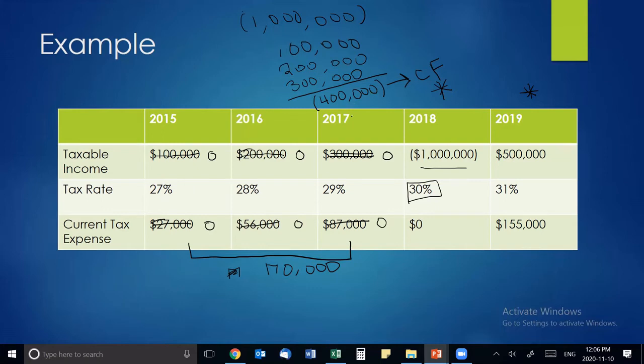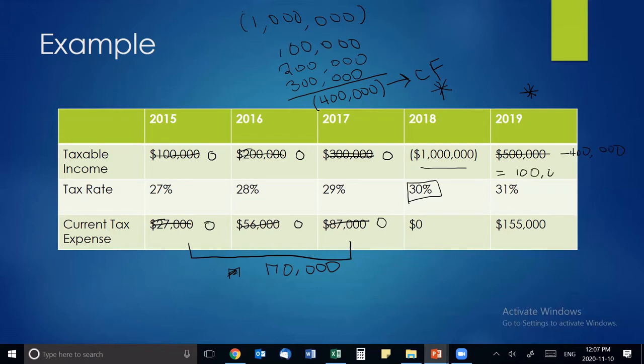So if we use up all of our $400,000 loss to offset our $500,000 income in 2019, then instead of our taxable income being $500,000, if you minus the $400,000 loss, we're going to have taxable income of $100,000.